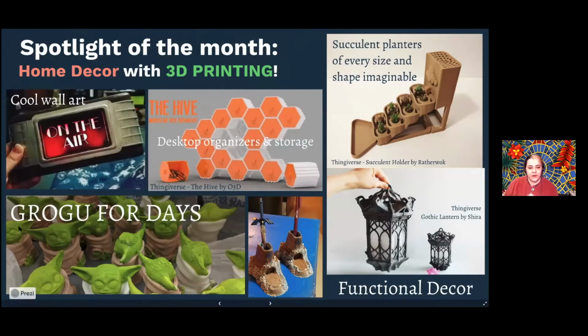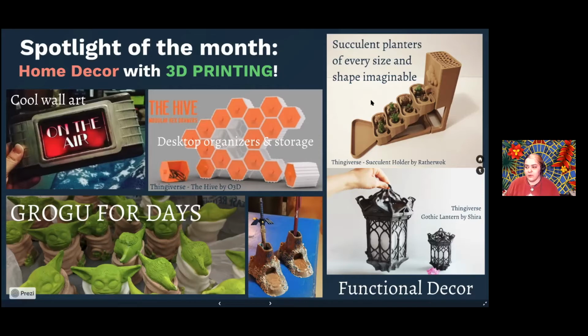So I'm pretty geeky, so I've got a lot of stuff like this around my house. I've got Baby Yodas all over the place. I've got storage. I haven't printed this one, but I do have a lot of cup holders, stuff that I've put in the bathroom to hold soaps, stuff like that you can print for storage.